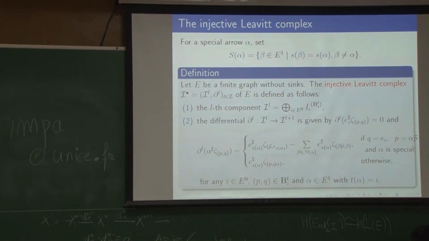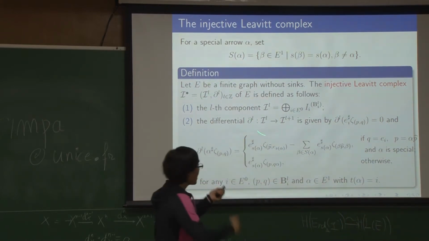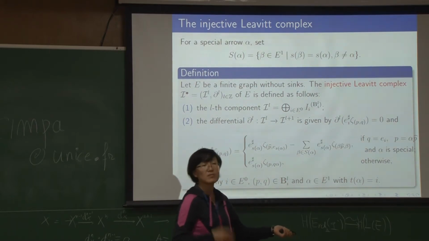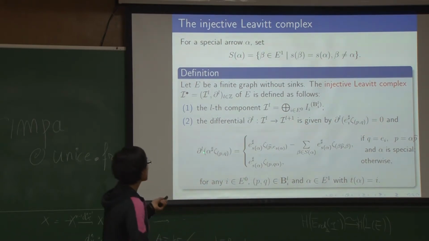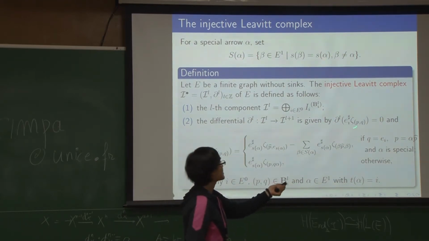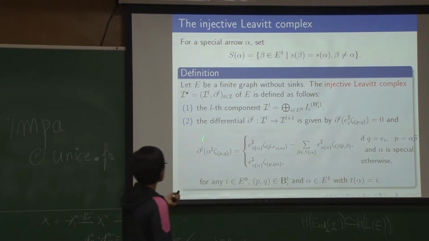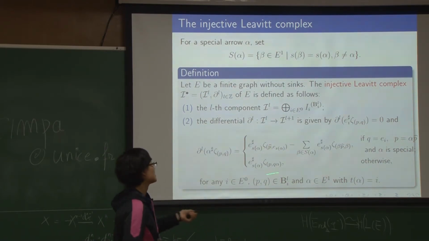We have a direct summand I_{ζ(P,Q)}. We know that I has this basis, so we just need to define the map ∂_L on these basis elements. This case is mapped to 0, and in this case we have two cases.